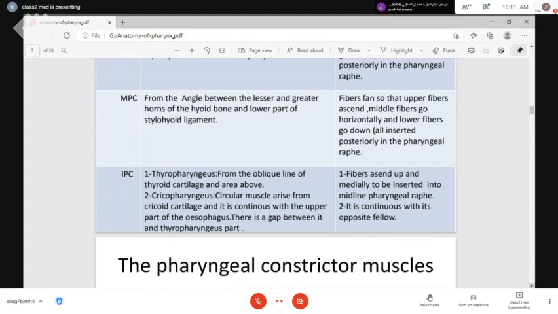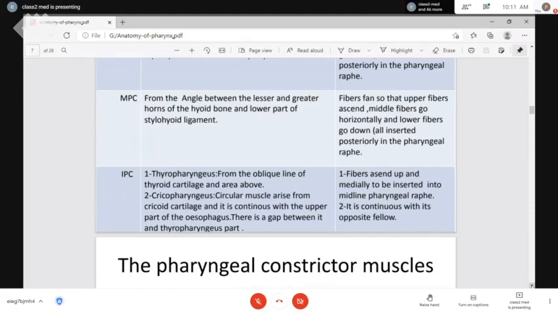But the lower part, which is called the cricopharyngeal part, a circular muscle, arises from the cricoid cartilage, and it's continuous with the upper part of the esophagus.